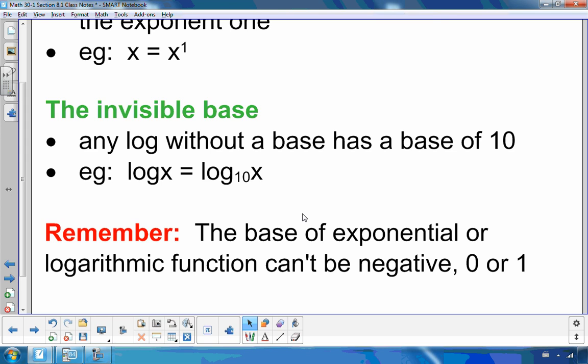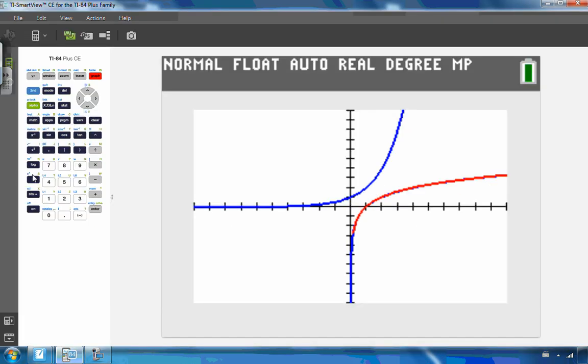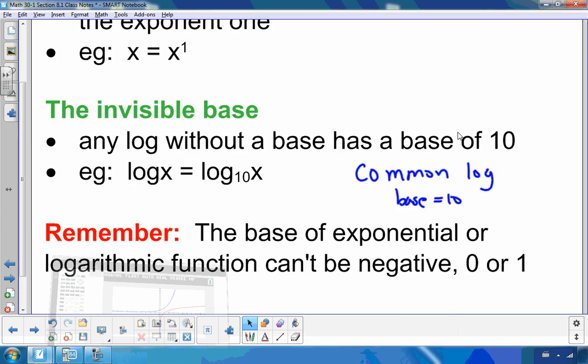So on your calculator, you actually have a log button, and that log button on your calculator is called a common log, and it really has an invisible base of 10. So let me just show you on your calculator here. This log button right here is log base 10. So obviously you're probably thinking, how am I going to do it if I don't have a base of 10? And I'll show you that later.